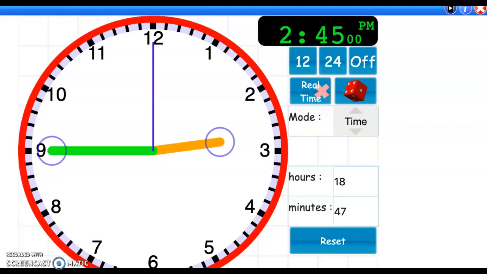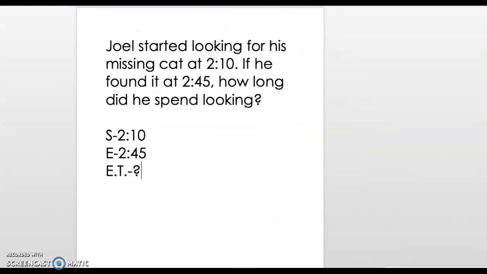Okay, so I stopped at 2:45 and I counted 35 minutes. So I'm going to fill that in now. 35 minutes. So that's how long it took for him to find his cat.